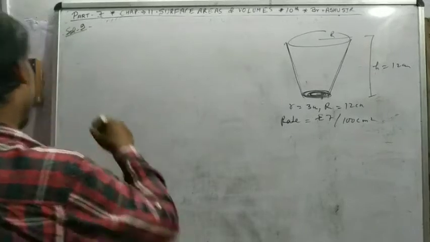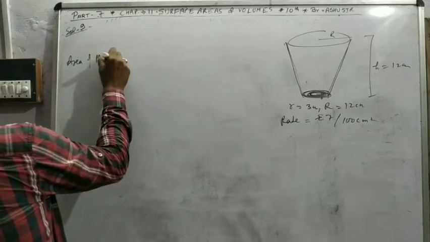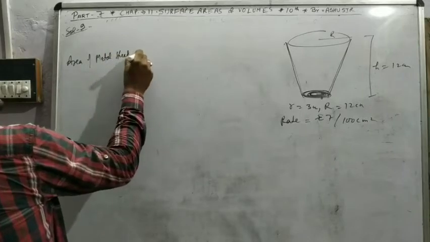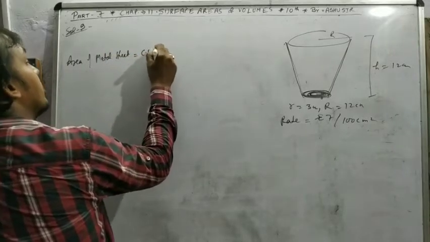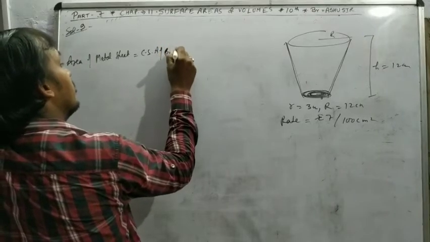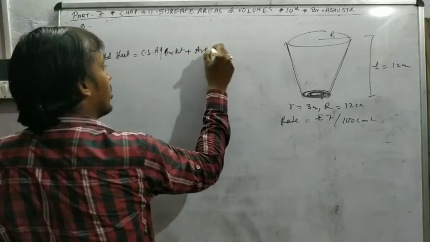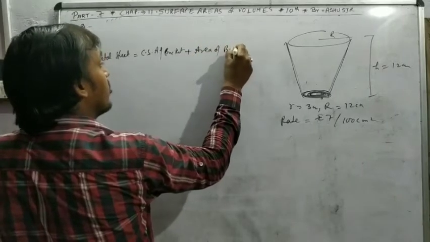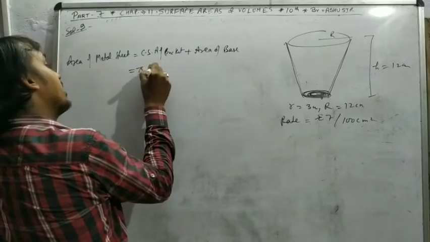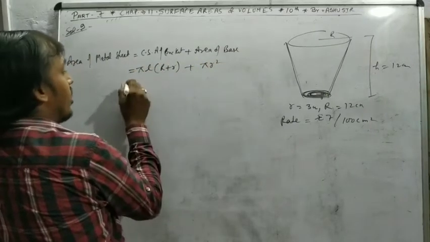So area of metal sheet is CSA of bucket plus area of base: pi L (R plus r) plus pi small r square.